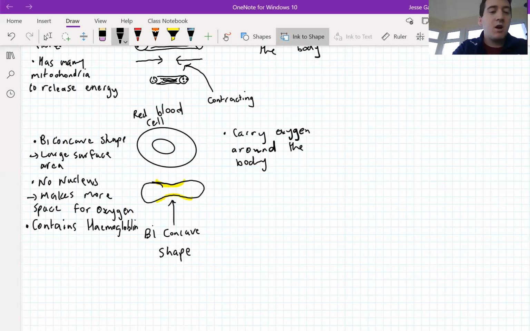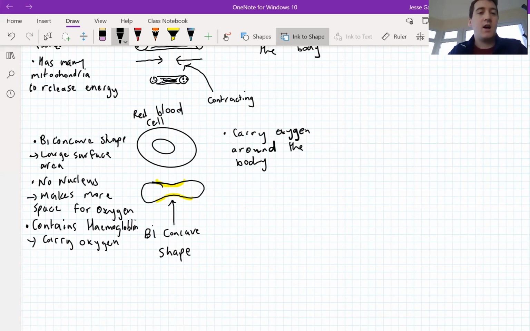So it contains hemoglobin, and these are the particles that carry the oxygen. They are also the particles that make the cell red. Hemoglobin is like a red colored chemical, and it's what makes the red blood cells look red in color. It's also what helps them to grab hold of oxygen and carry it.